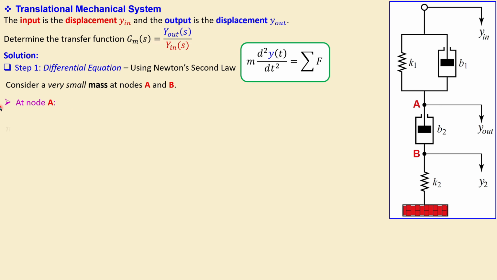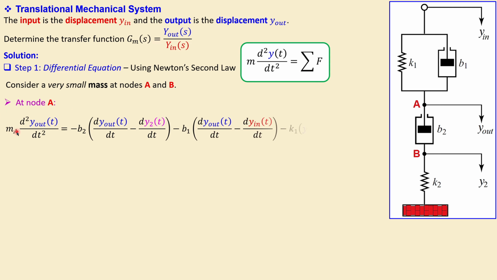Now we can say at node A the following. The mass A times the second derivative of that motion is equal to the sum of all the forces. We have the force due to the damper B2, and also B1 will fight back, and also K1, which is the spring, will fight back. So we have three forces: B1, B2 and K1.